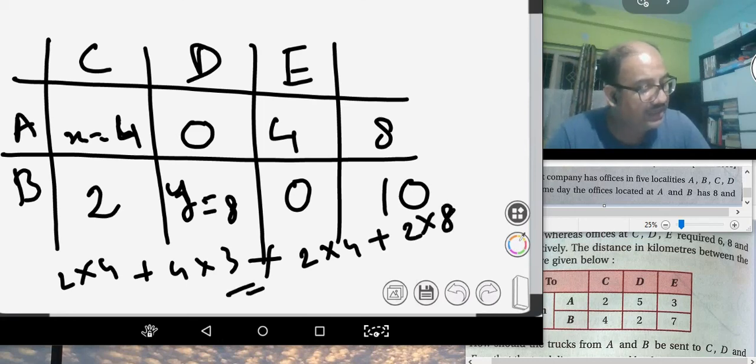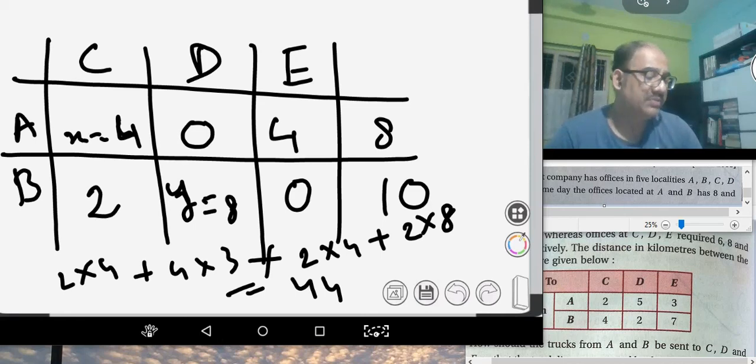If you add them, 8 plus 12 is 20, 20 plus 8 is 28, 28 plus 16 is 44. So the total cost becomes 44, and thus we have solved the problem, that is how to distribute the different trucks from two places to other places, such that the total cost is minimum.